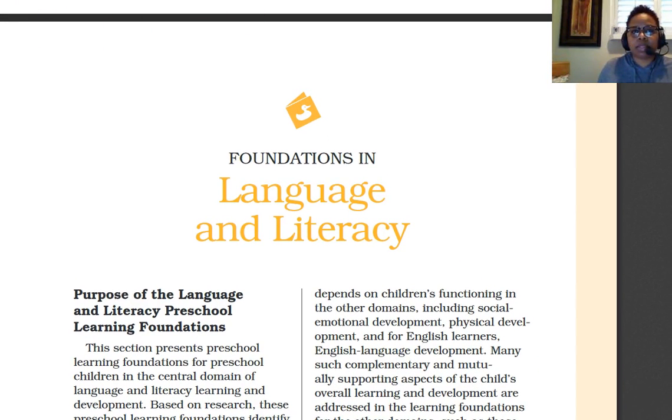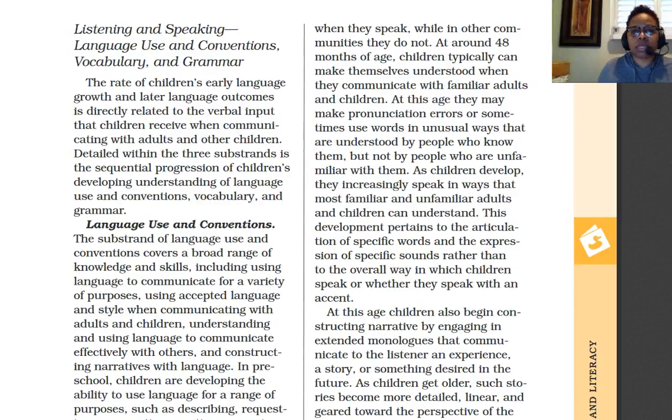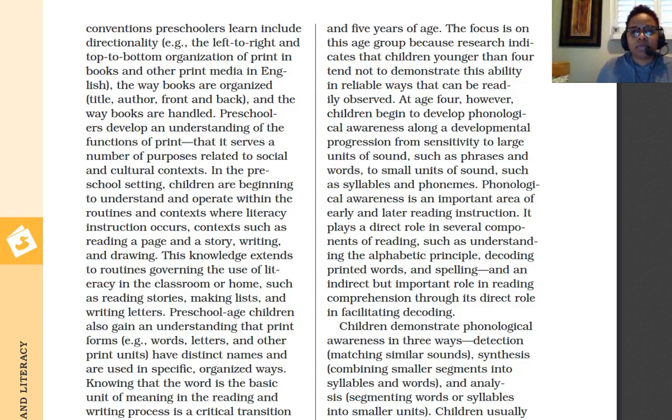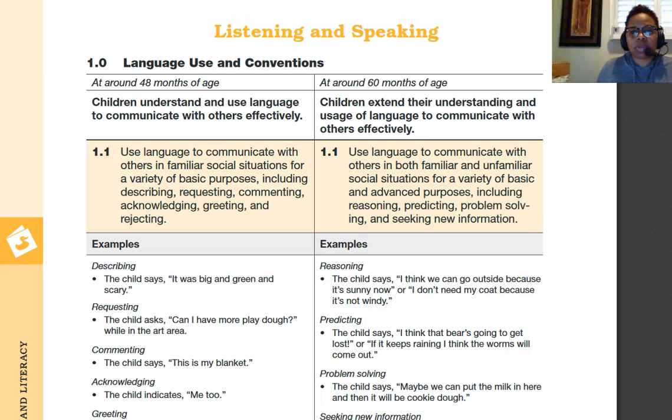and then we're going to look at, there's a lot of background information you can read, but this is where I wanted to show you where you can determine what is expected developmentally from a child at 48 months, which is 4 years of age, and 60 months, which is 5 years. So these are like learning goals. So like this right here, children understand and use language to communicate with others. This is just like saying promoting speaking.